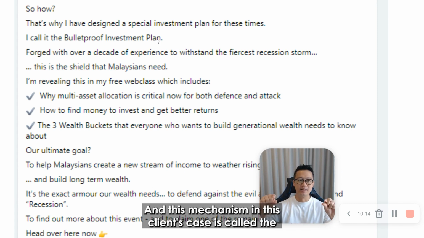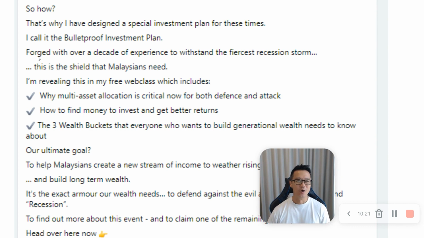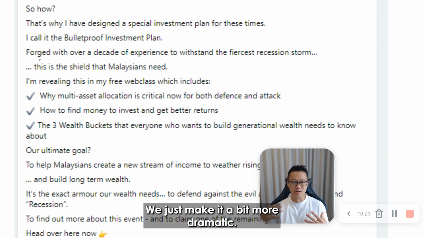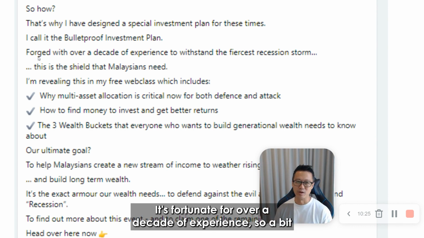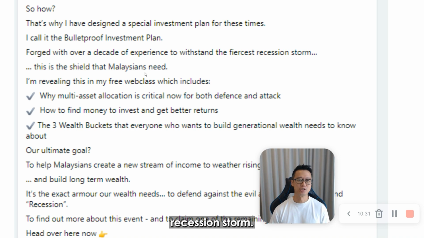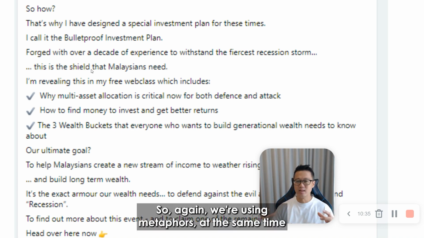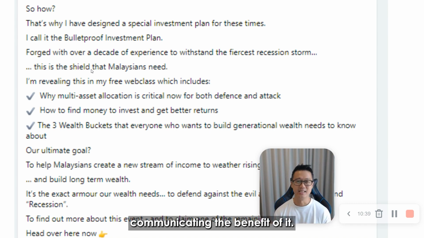And this mechanism in this client's case is called the bulletproof investment plan, right? And we just make it a bit more dramatic. It's forged with over a decade of experience, right? So a bit of credibility as well for the speaker, to withstand the fiercest recession storm. This is the shield that Malaysians need. So again, we're using metaphors, at the same time communicating the benefit of it. All right.